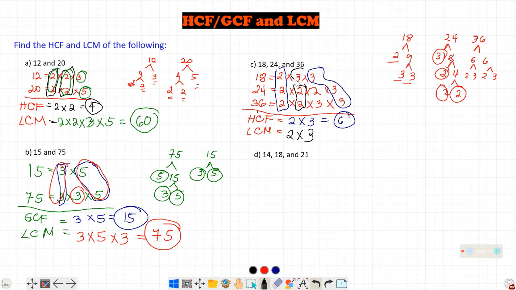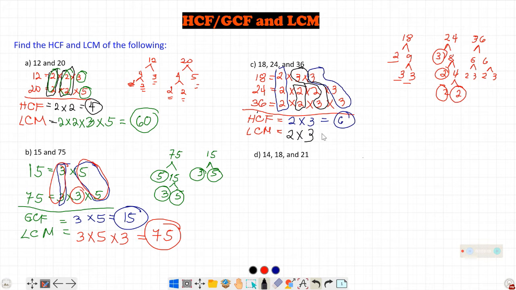So here, since there's a 3 here and another 3 here, it's also taken as 1. So aside from rewriting what the HCF is, if there are 3 numbers and there's a factor common to at least 2 of the 3 numbers, then you have to rewrite this as 1 also.